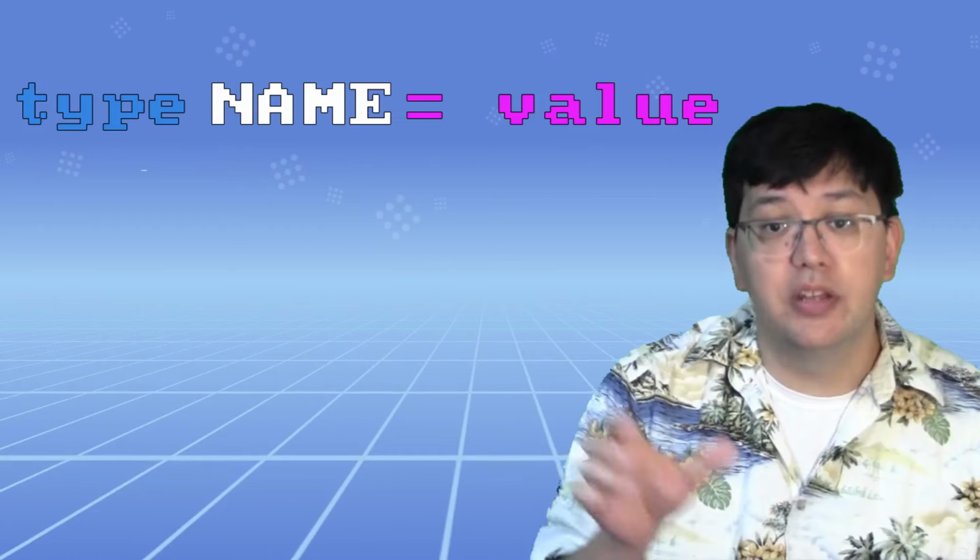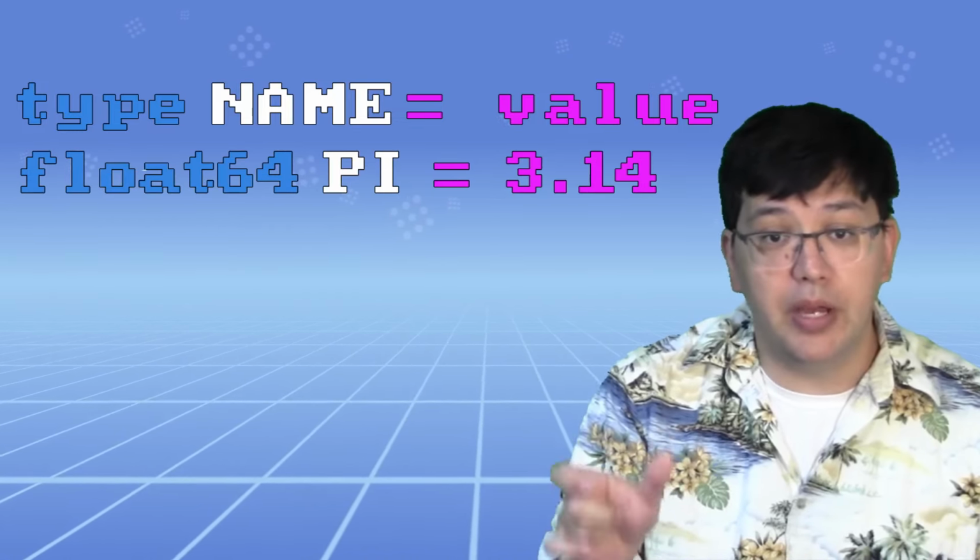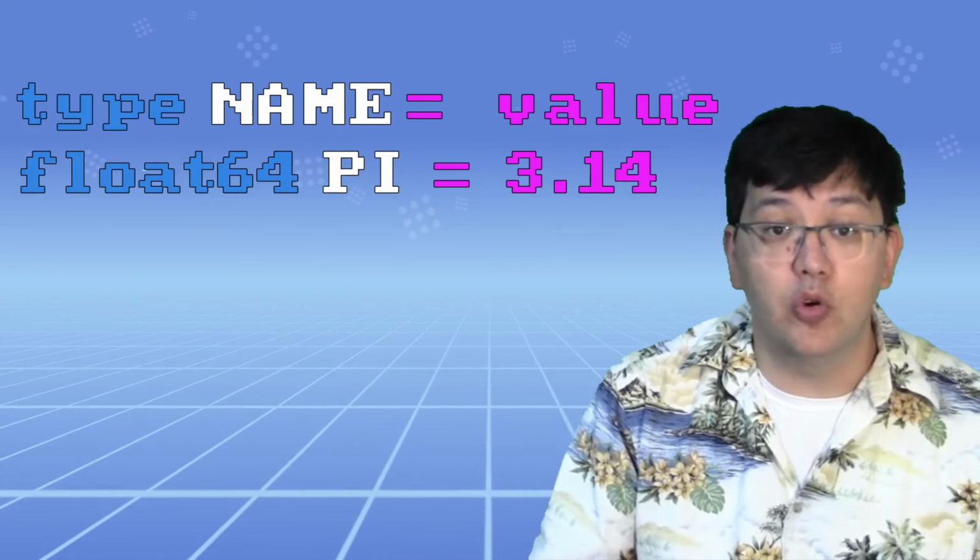Thus far, all of our fields have been variable, meaning we can assign them any value we want. We can also create constants with values that never change. In the IDL definition, this is written as type name equals value. For example, float64 pi equals 3.14.